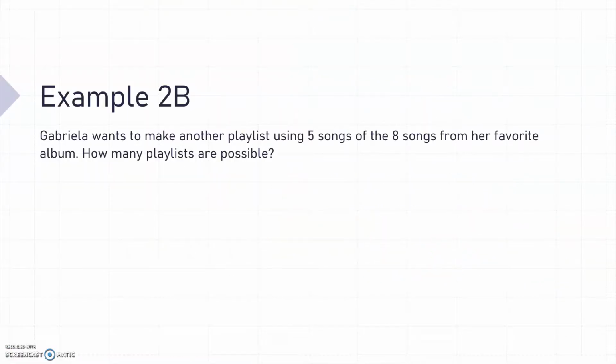Another example is if you have 5 songs that you're choosing to put in order, but you have 8 songs to choose from. So in this permutation, we have a larger group, and we're taking a smaller group out of that larger group and putting them in order. A notation thing: the notation for this is 8P5.